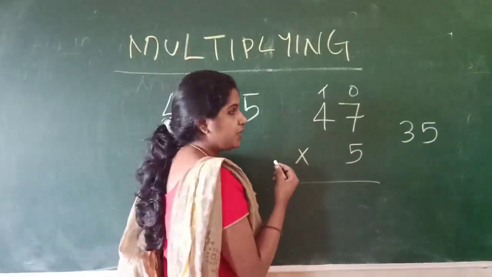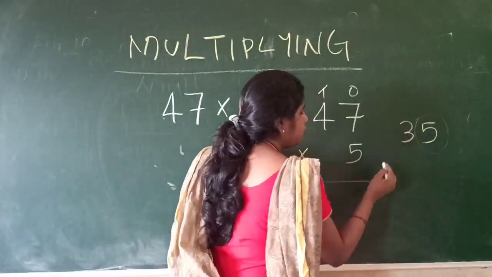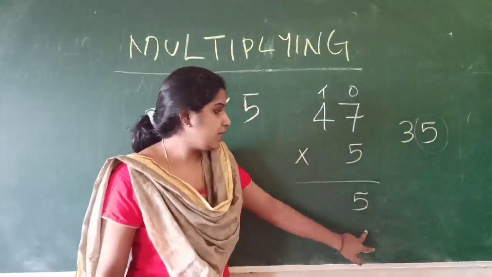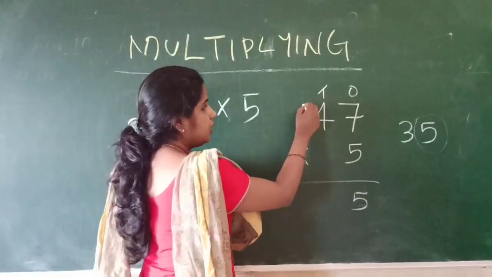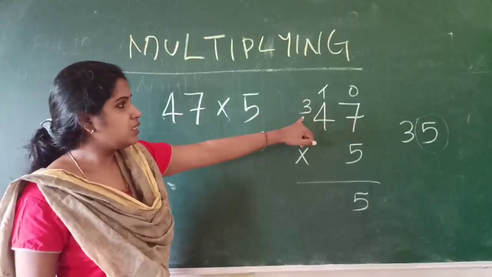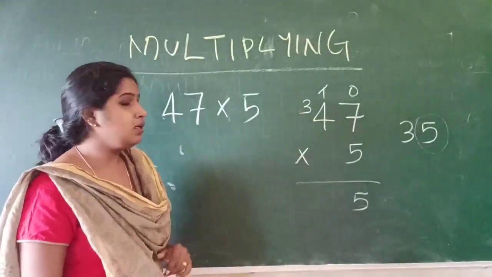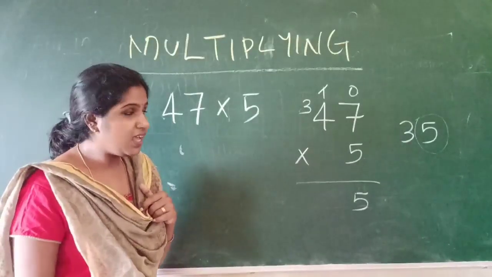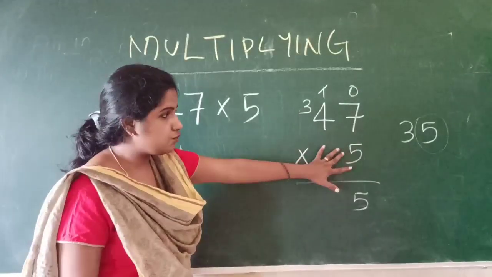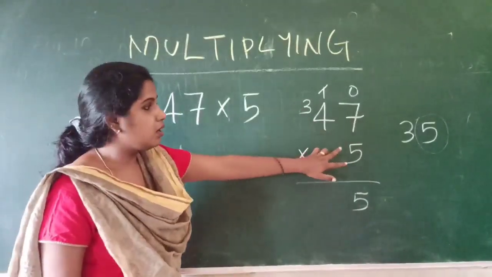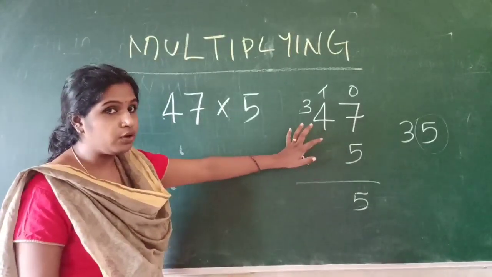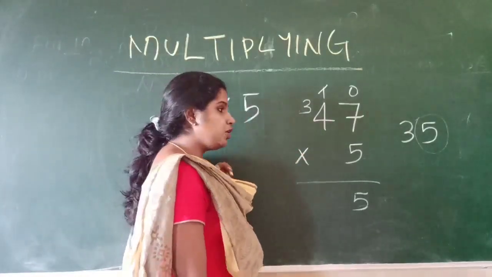Now we will write this 5 only here. What is remaining? There is a 3 remaining, so I write that 3 just here. Then we will multiply this 5 with this 4. 5 into 4 is 20.